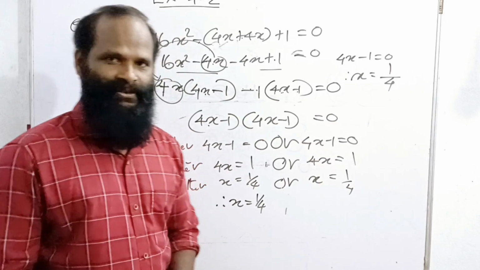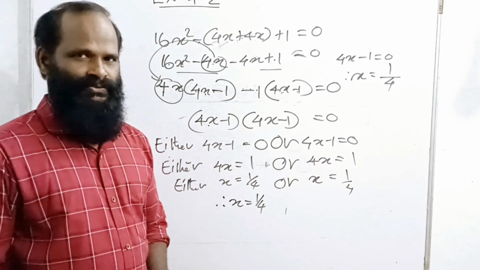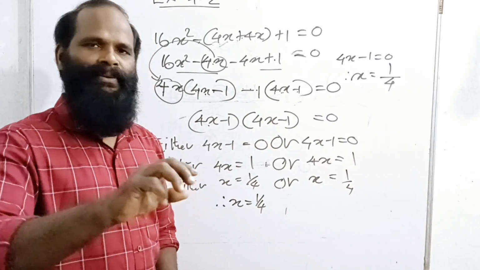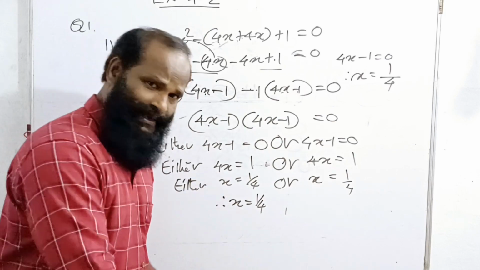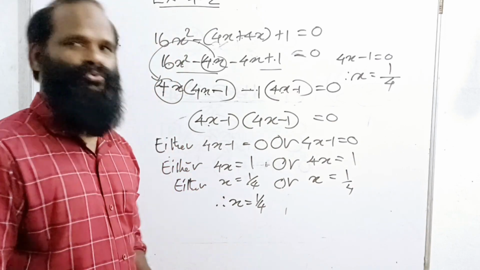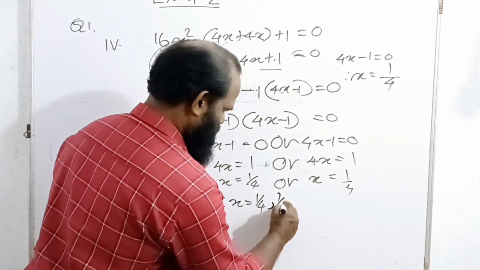You are supposed to write it because a quadratic equation has two values. The variable in a quadratic equation has two values. Both the values should be mentioned here. It can be same, can be different as well. In both the cases, try to write them here. So hope you have understood this question.